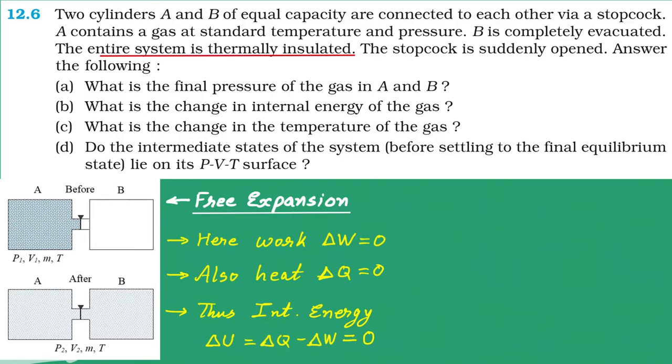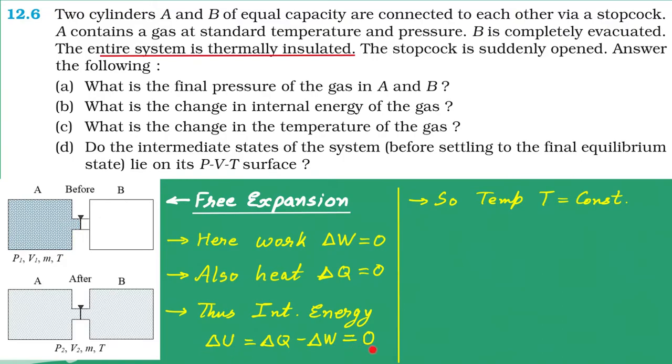Now that gives us a very important result, that because here delta U is 0, the temperature will not change. That means temperature T will be constant. You know very well that when temperature is constant, internal energy is not changing. So there is no change in internal energy.